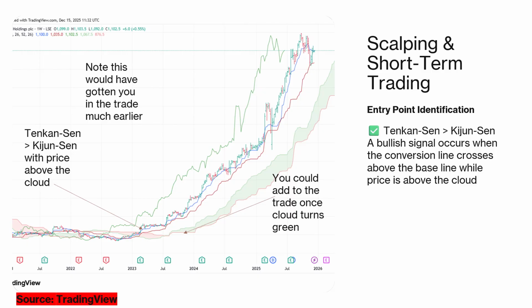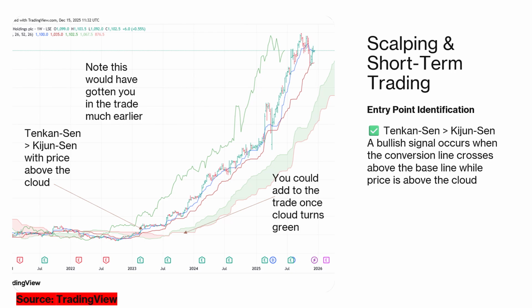This is another example of scalping on a short-term trading system. We're using the cloud. A simple crossover of the conversion line above the baseline gives you your initial buy signal in the middle of 2023. You'll note at that point that the cloud is red, so it is a slightly riskier way to do it.